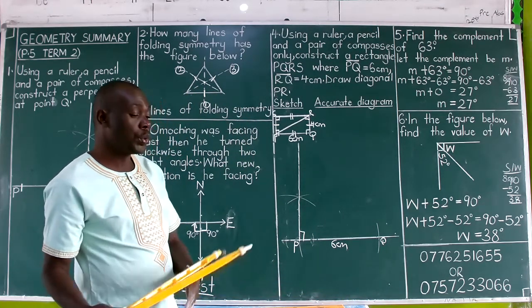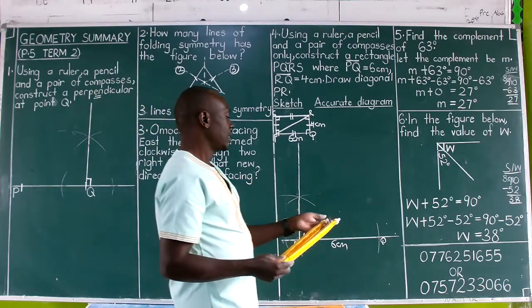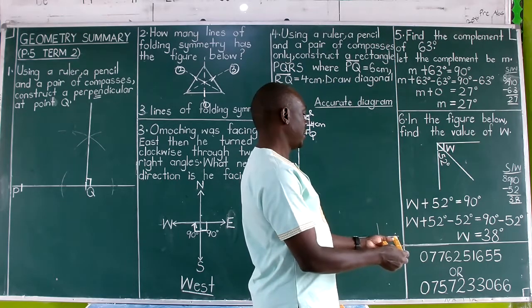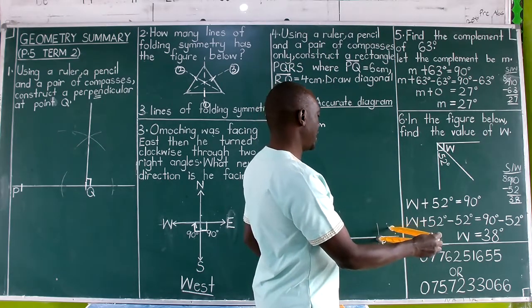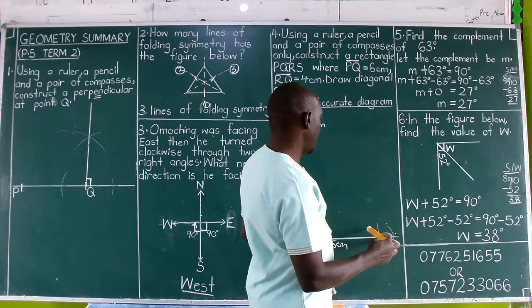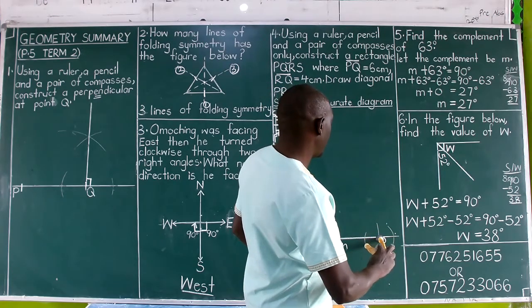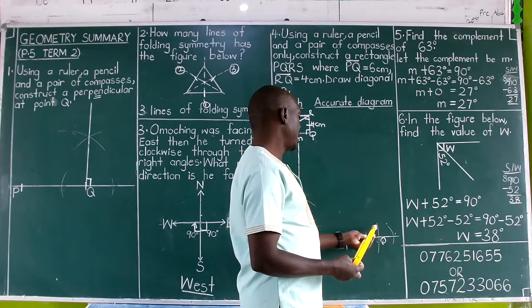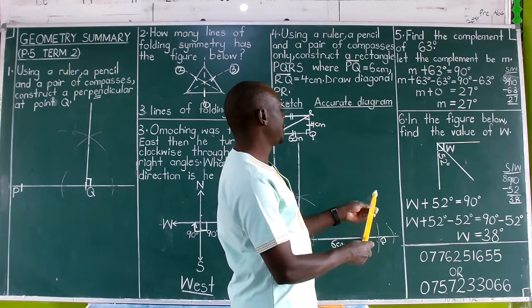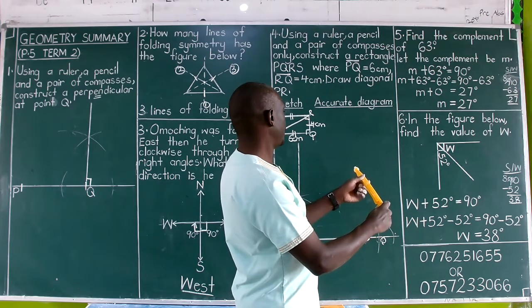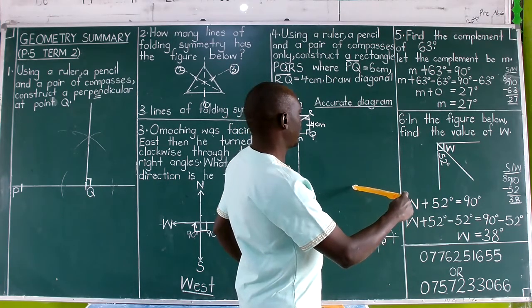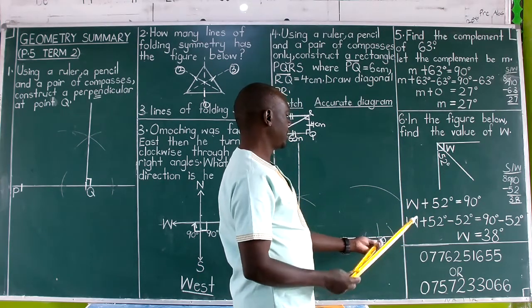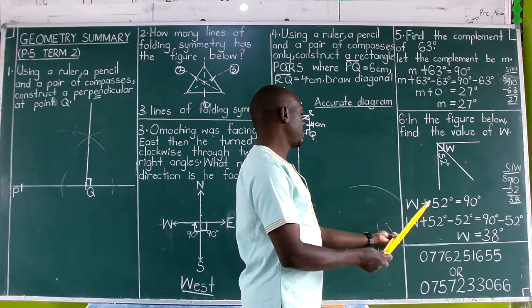Now we go to Q and do the same. Get a new, small radius. Make an arc this way and an arc this way, either side of Q. Then transfer to the arc and adjust out to make an arc up here. We are constructing a 90. There are two ways of constructing it.